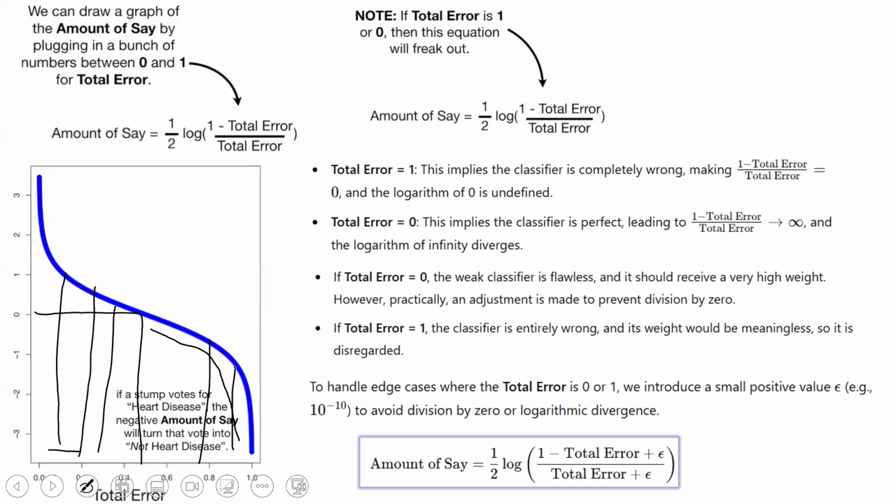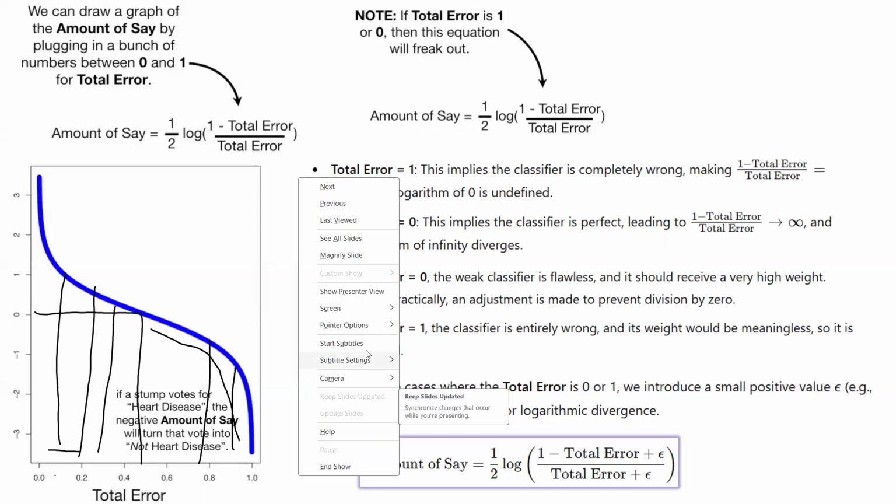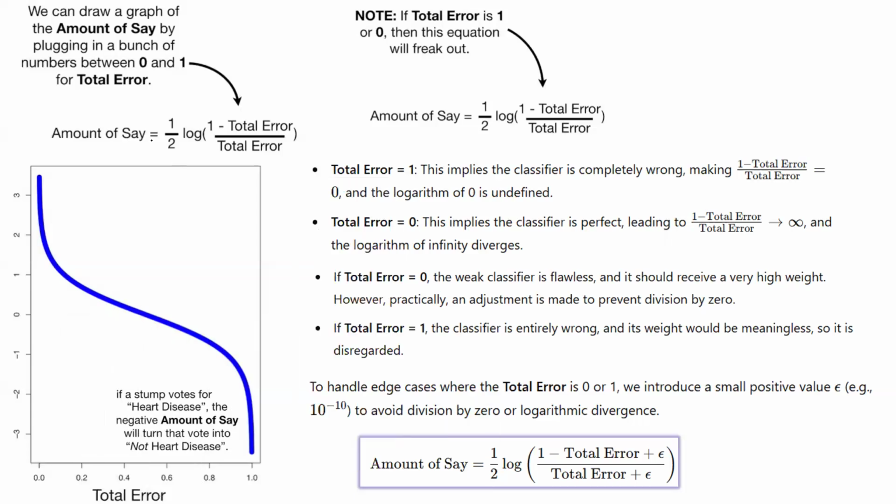Okay, what does a negative amount of say indicate? That's what you have to understand. You are seeing a negative value for the amount of say, right? So if a particular stump is getting a negative amount of say, you can take it like this: if a stump votes for heart disease, the negative amount of say will turn the vote to not a heart disease.